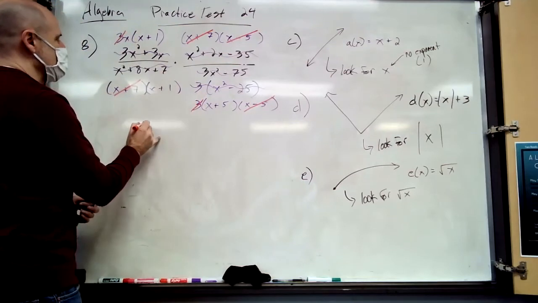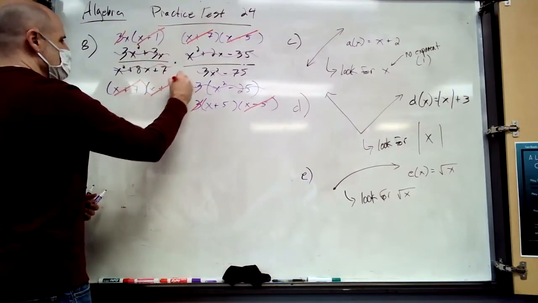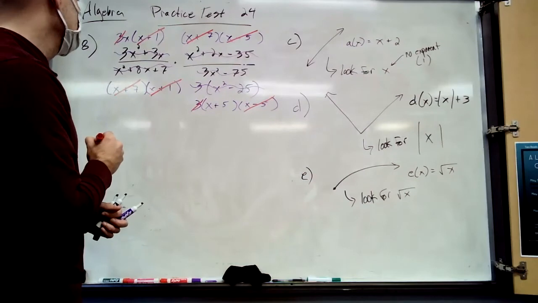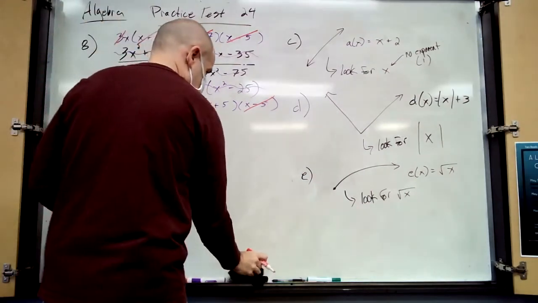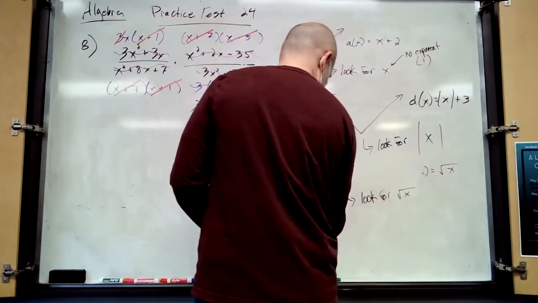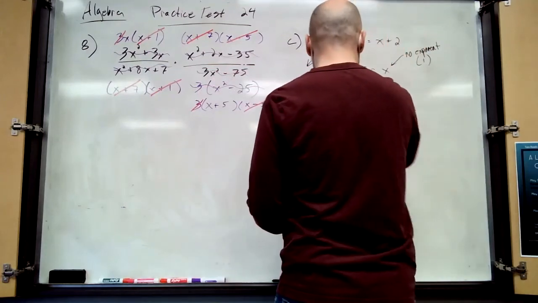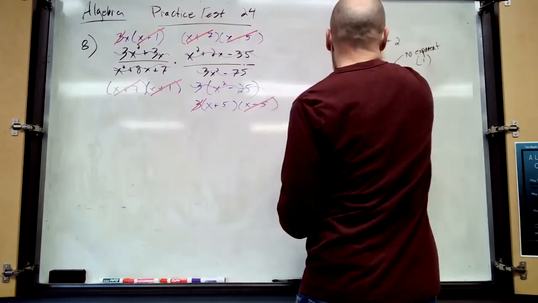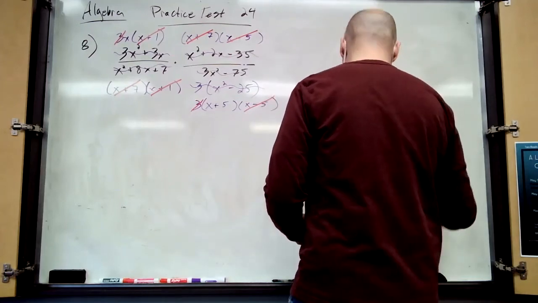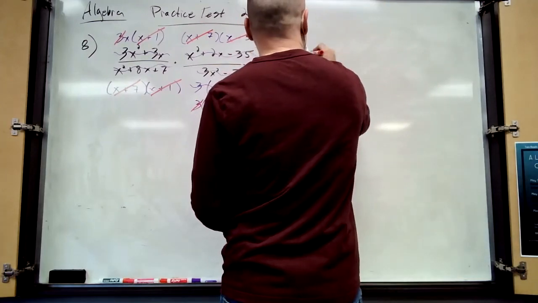Yep. What else? X plus 1s, you said? Okay. So it looks like we're just stuck with one thing on the top and one thing on the bottom. What are we stuck with on the top? X. What are we stuck with on the bottom? X plus 5. That was beautiful. I love it when that happens.